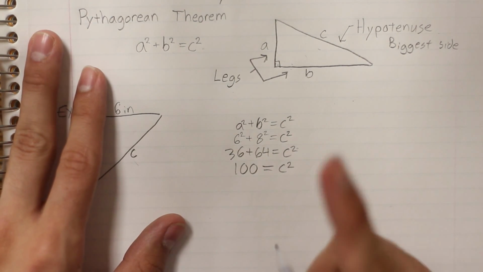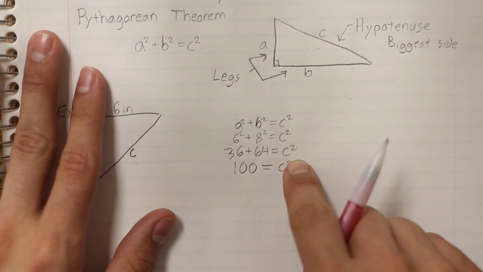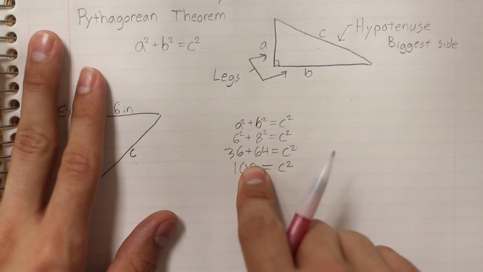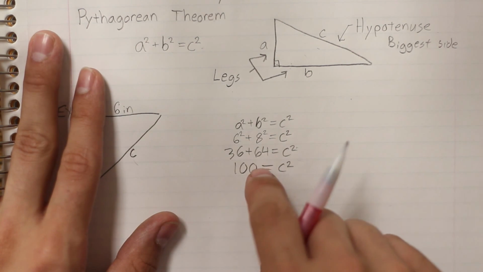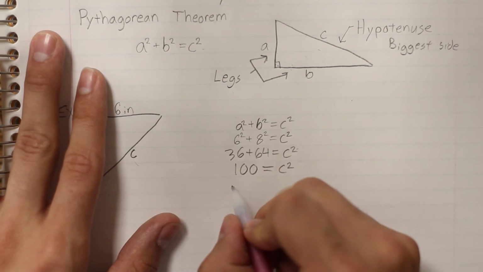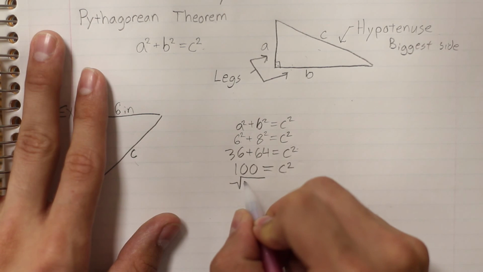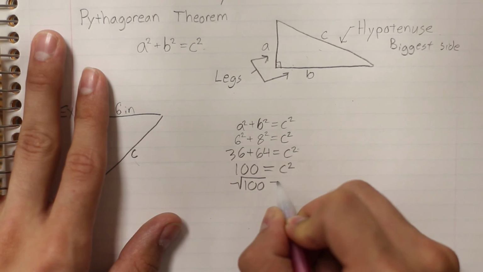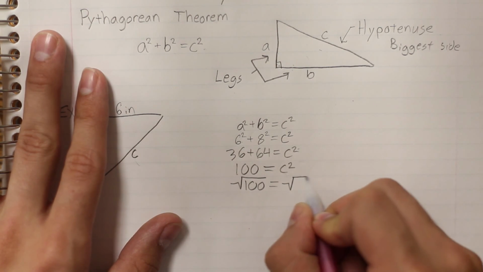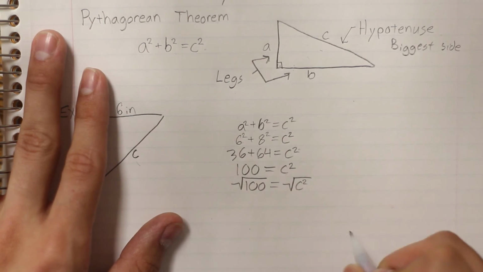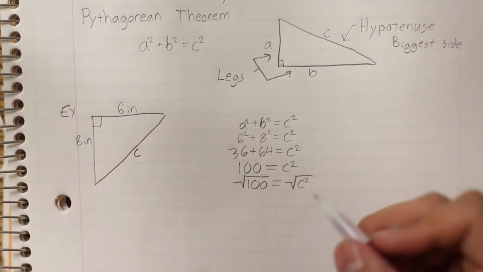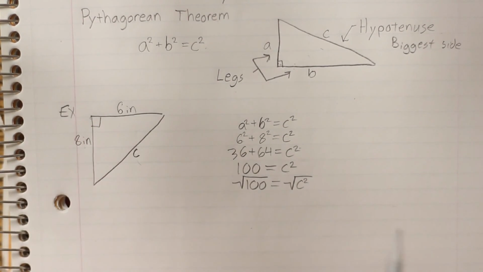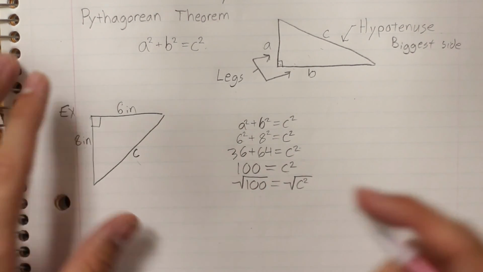Remember, when solving an equation, whatever you do to one side, you have to do it to the other. So if I take the square root of this side, I have to do it over here. Let's do that. Square root of 100 is equal to the square root of c squared. I just told you that these two cancel each other out. So if you do both of them at the same time, it cancels out and I'm left with just c.